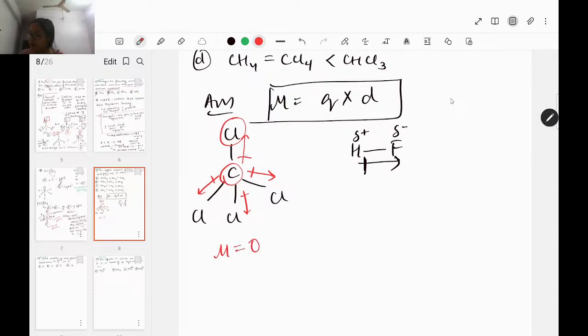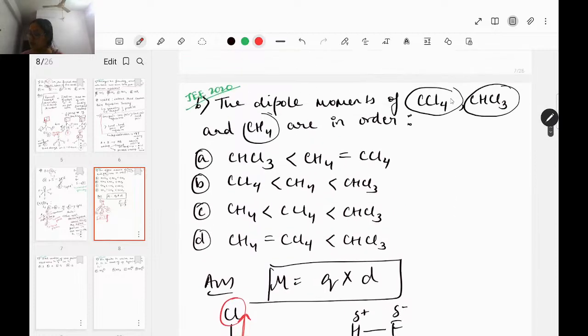Because the CCl dipole which is going in the upward direction is directly counteracting 3 dipole moments. The resultant of these 3 dipole moments is in the downward direction, so it is directly cancelling the dipole moment going in the upward direction. So the resultant mu is 0. Okay. So the mu is 0 over here.